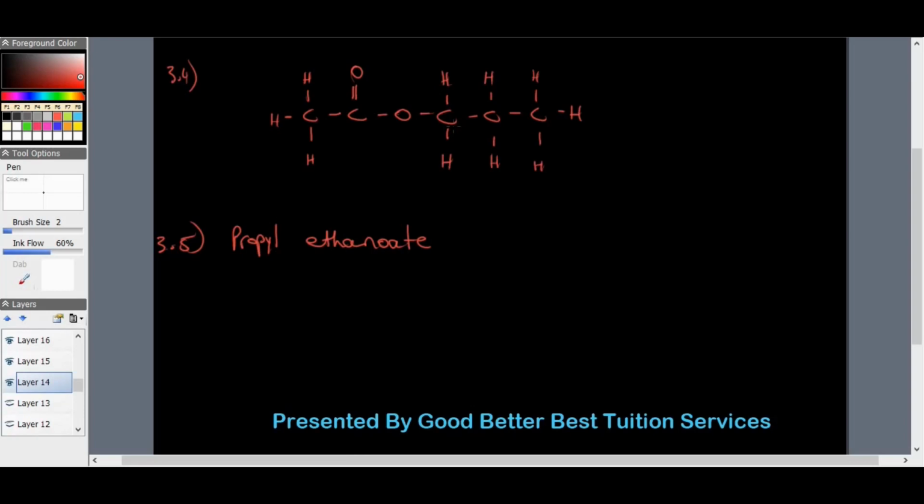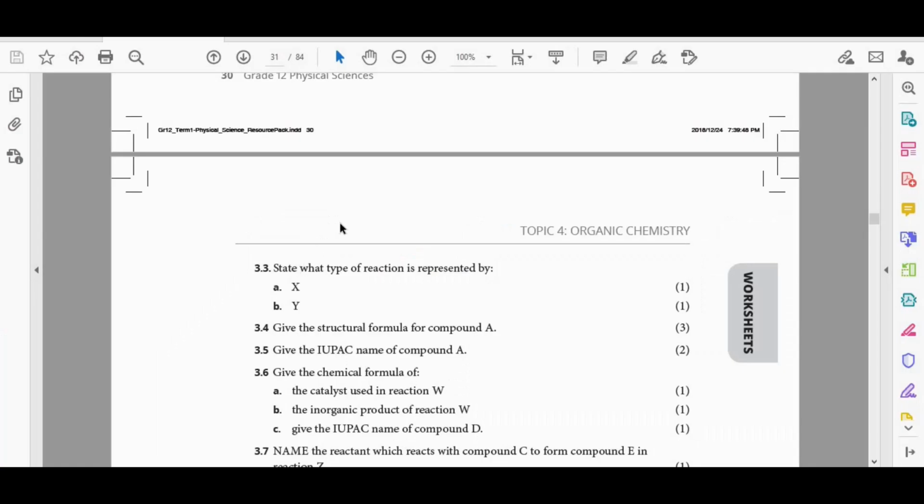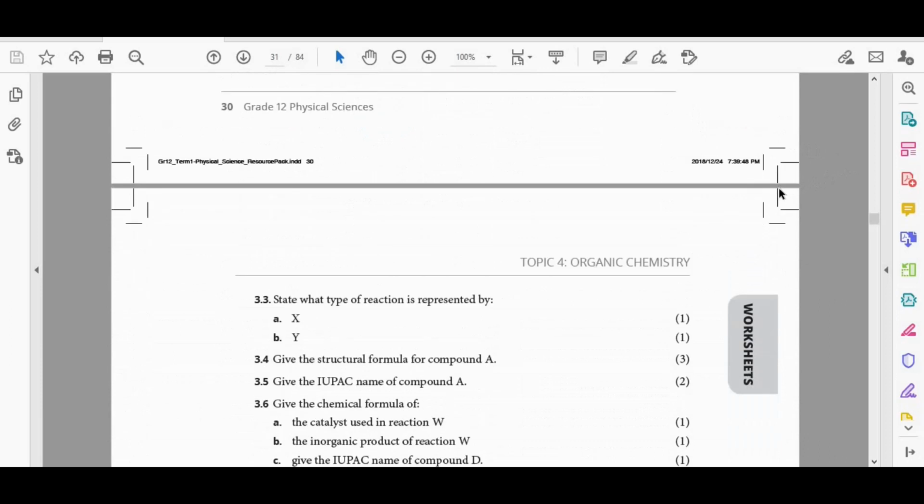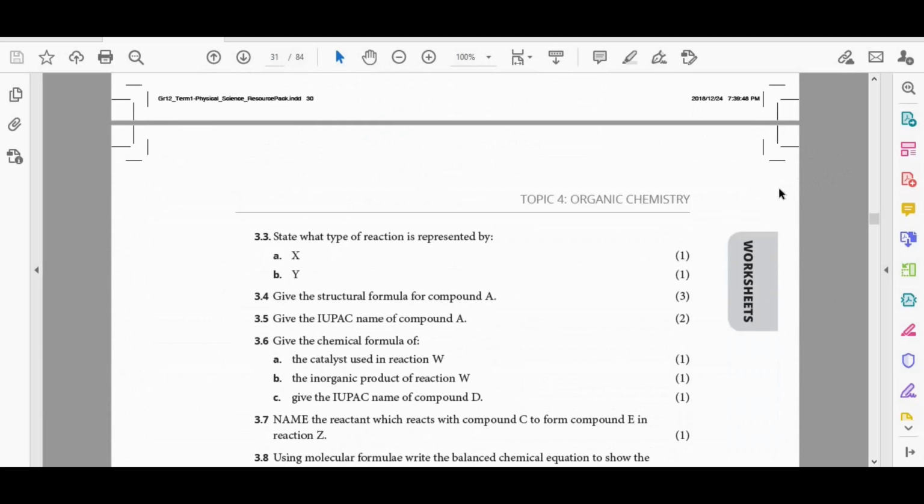If we look at the diagram here, CH3COO, 2 carbons, ethanoic. So it was ethanoic acid, hence we have the name propyl ethanoate. Propyl from the propanol, because we have methyl, ethyl, and propyl.